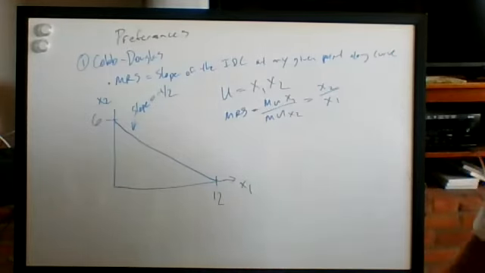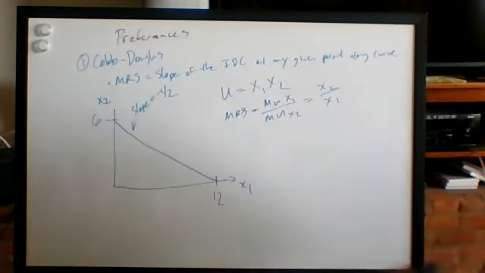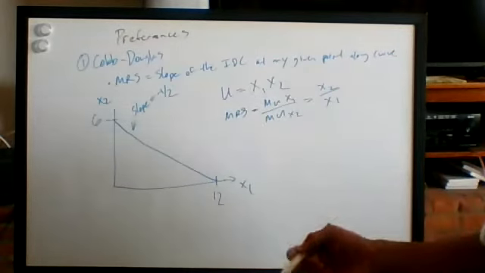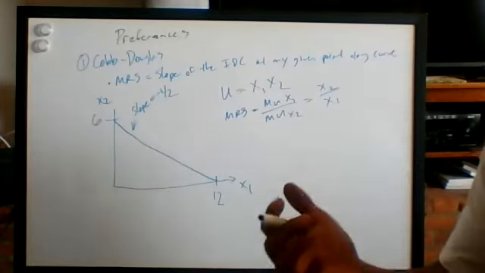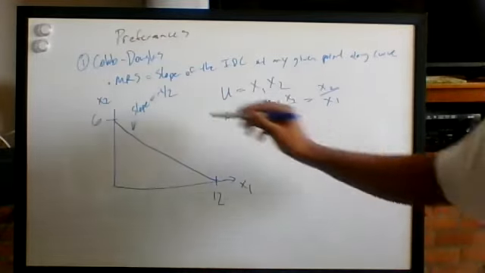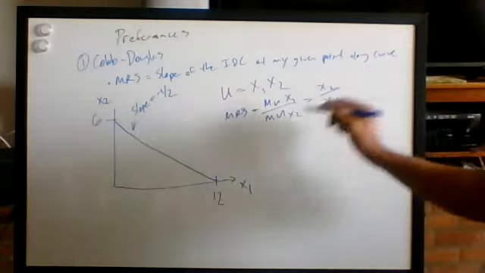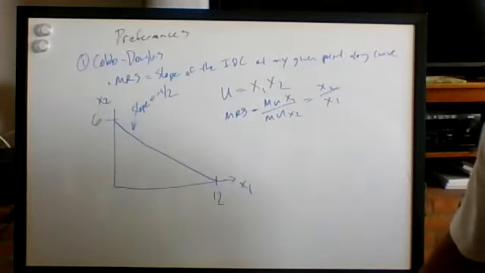You just want to make sure you don't have one of them negative and one positive, because that'll mess you up. Be consistent throughout the problem: if your slope is negative, then your MRS is negative. If your slope is positive, then this is positive, right? They won't dock you. I don't think I ever got docked.